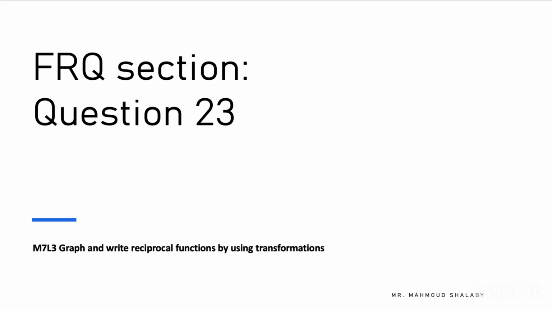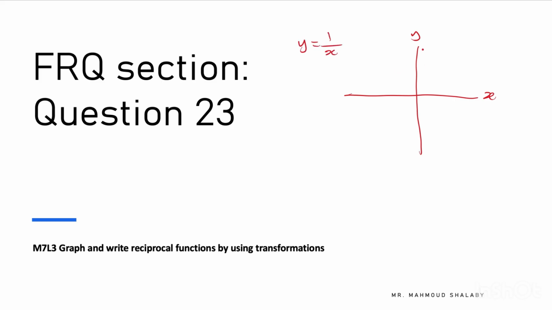Okay, now, the next question, still in the free response section, question 23. Module 7, Lesson 3, Graph and Write Reciprocal Functions by using Transformations. Alright, just to remind you very quickly, if I have two axes, x and y, the parent function of the reciprocal function is y equals 1 over x.